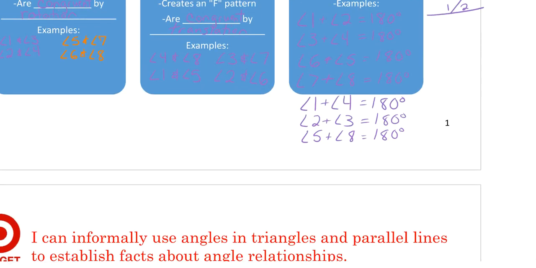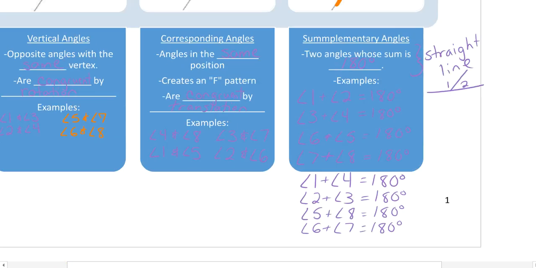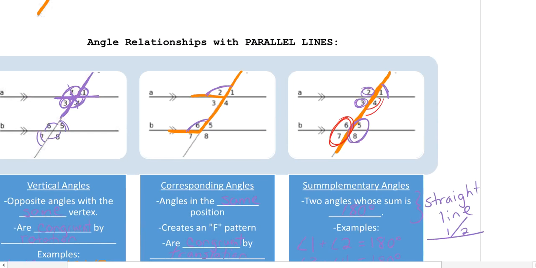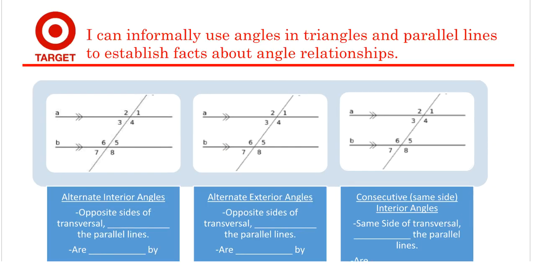So angle 6 plus angle 7 also equals 180 degrees. So there are lots of sets of supplementary angles within two parallel lines cut by one transversal.